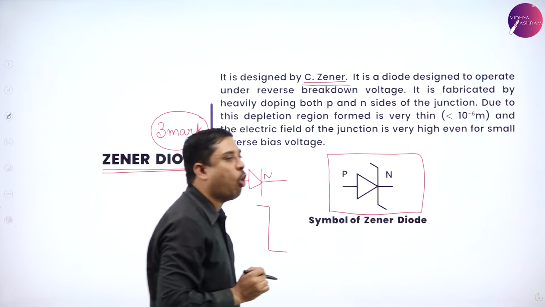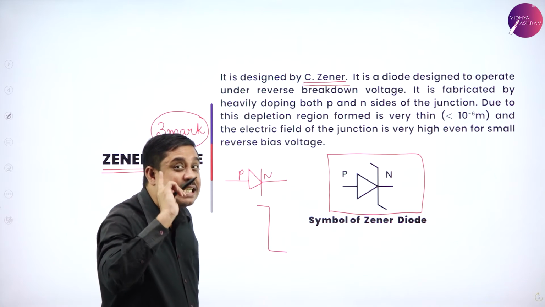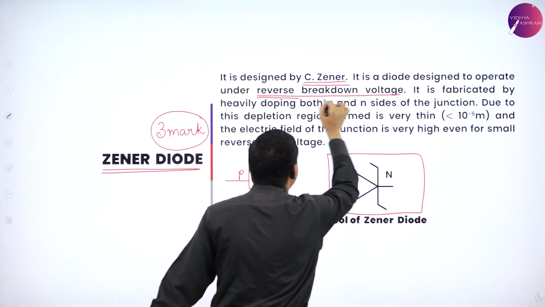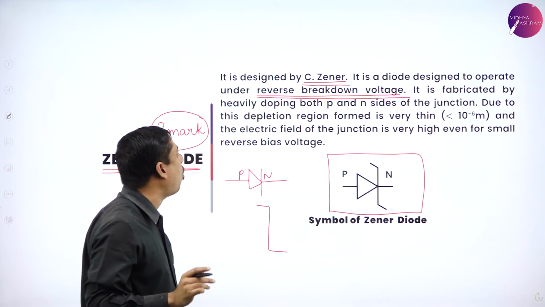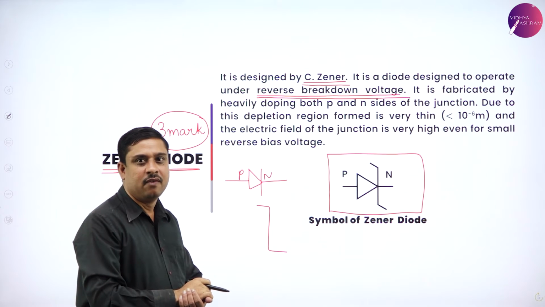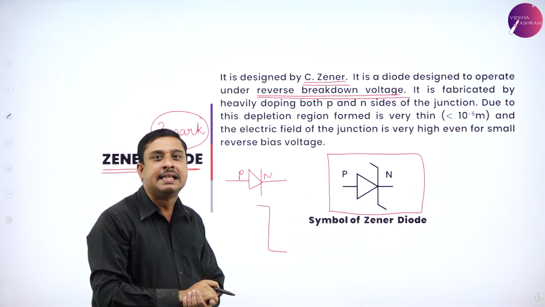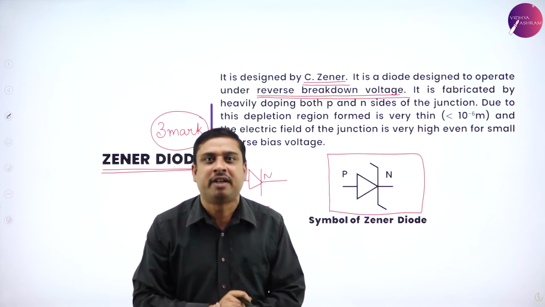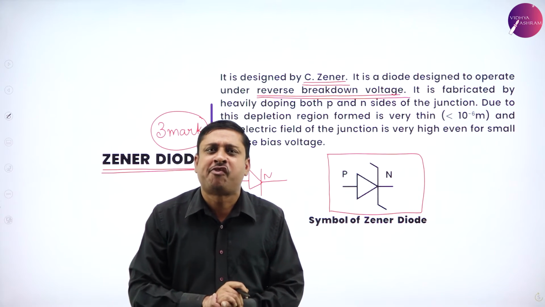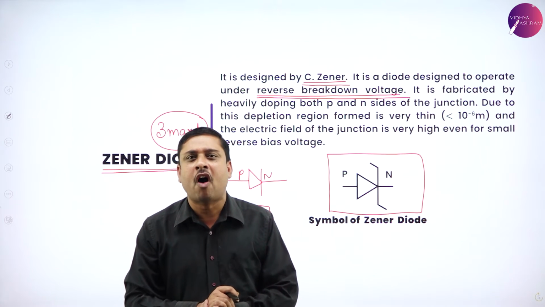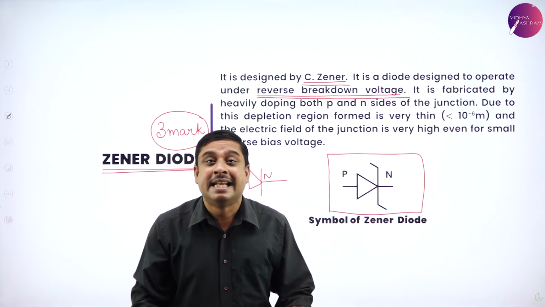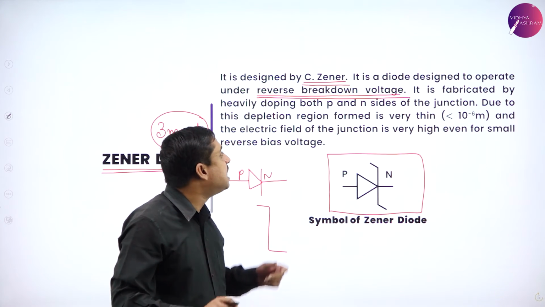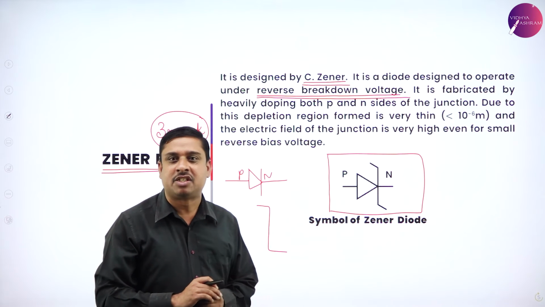It is a diode which is designed to operate under reverse breakdown voltage. Very important: a Zener diode will always operate in the reverse biased mode or reverse breakdown voltage.